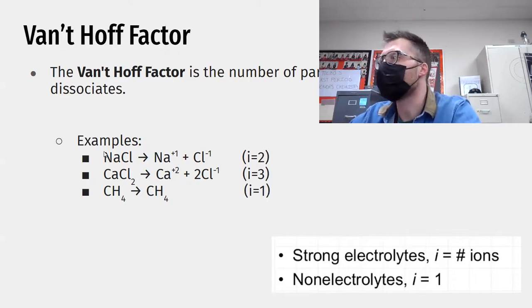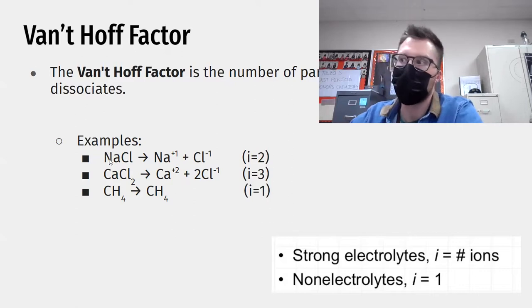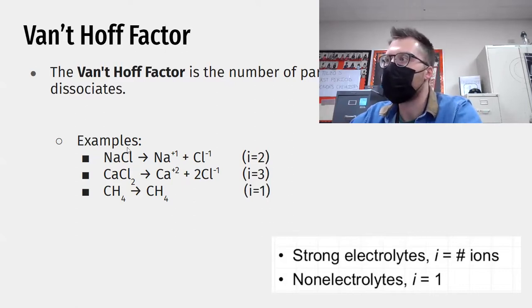So we have some examples here, like NaCl, sodium chloride, salt. It is an ionic compound, so when it dissociates into a sodium and a chloride ion, we've produced two ions or two particles in that dissociation. Whereas something like CaCl2, also an ionic compound, produces one calcium and two chloride ions. 1 and 2 gives us 3 total particles.